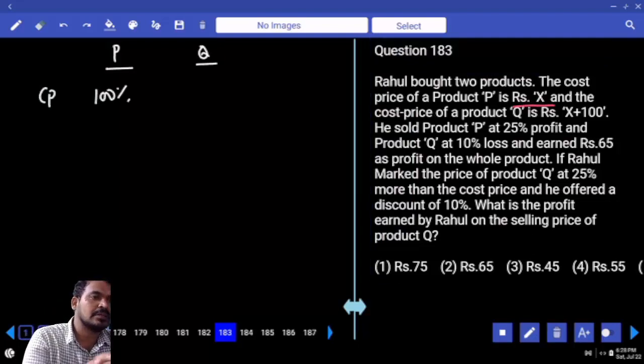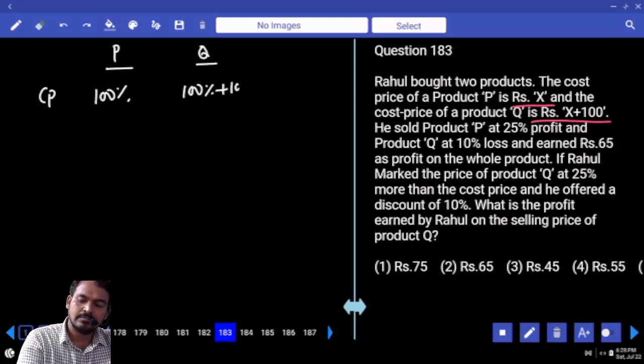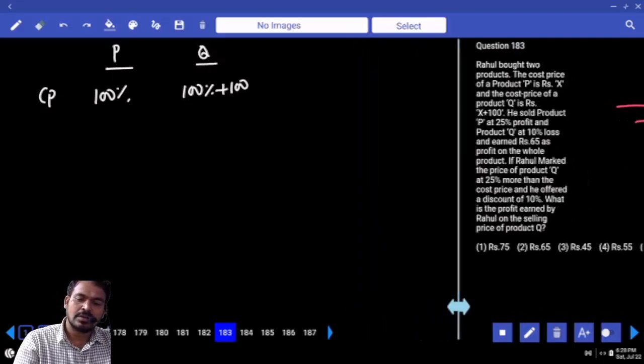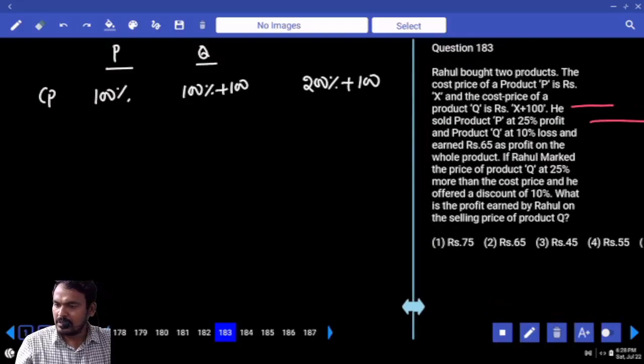Second one cost price is how much? X plus 100. Means we write 100% plus 100. In place of X we write how much? 100%. What is the total cost price of 2 articles? 200% plus 100.